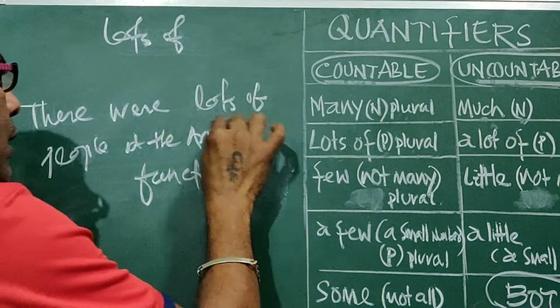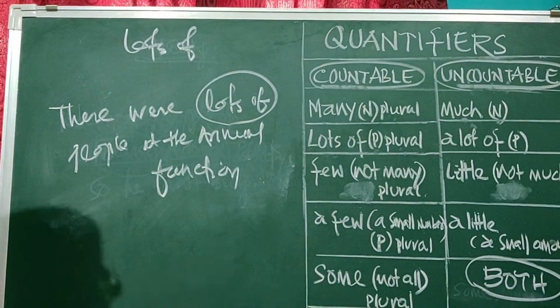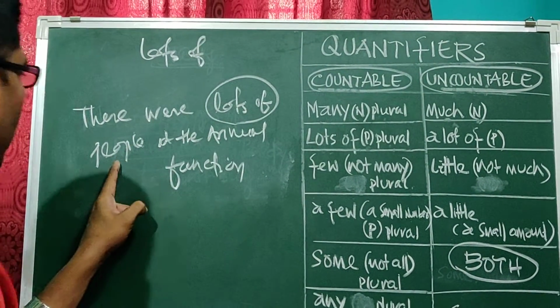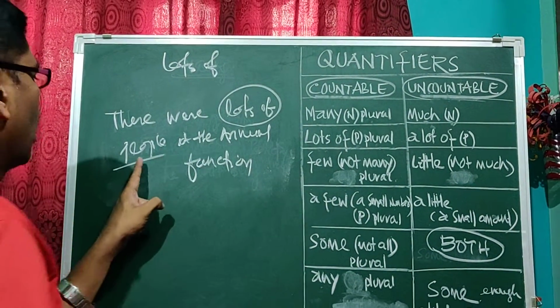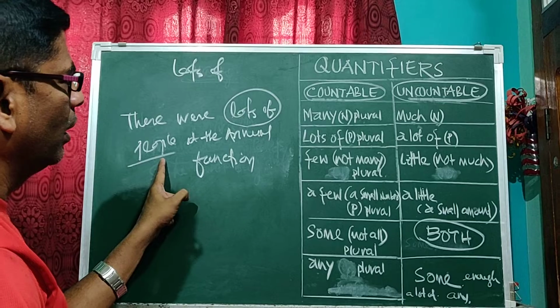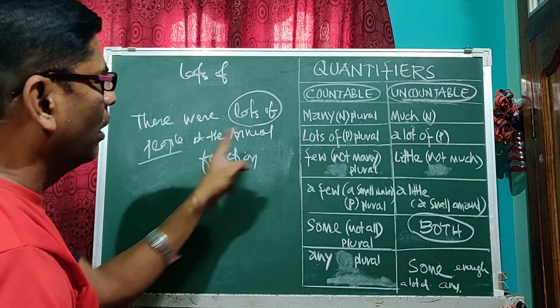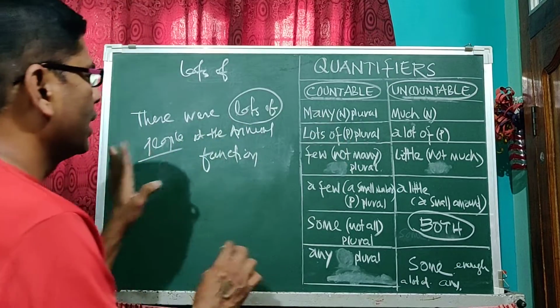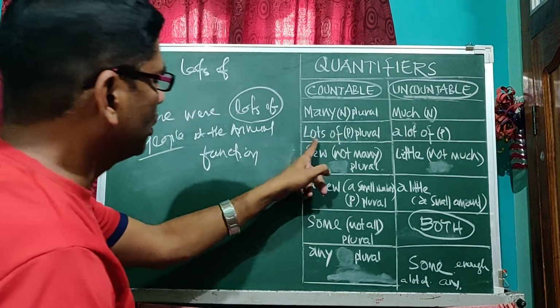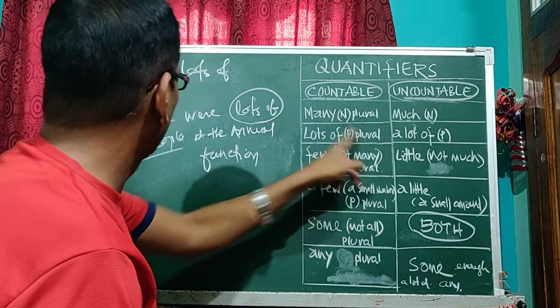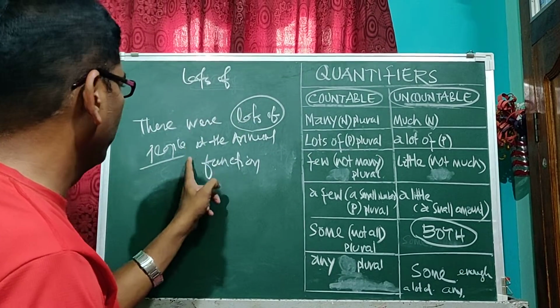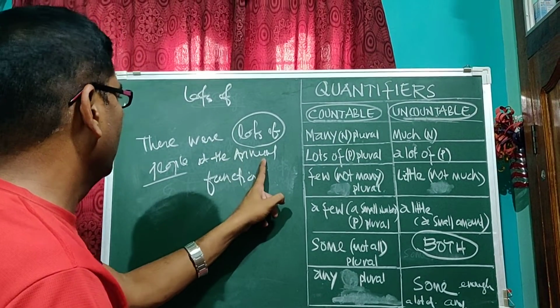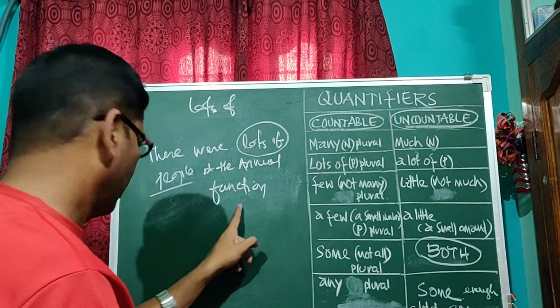I used here the quantifier lots of before the countable noun people. And it is a positive one. There is no not. Lots of, positive plural. There were lots of people at the annual function. Okay?